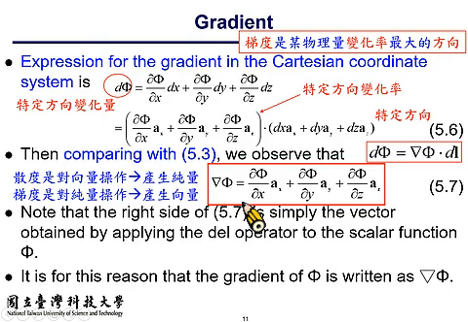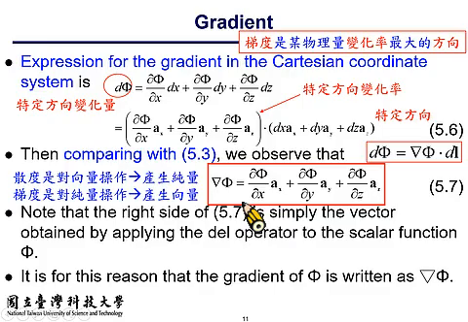So we also know that the gradient of phi is a vector. As you can see, it is expressed in terms of del phi over del x, del phi over del y, and del phi over del z, distributed in the x, y, and z directions.